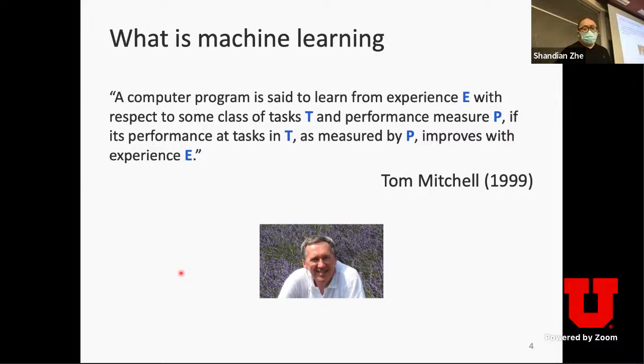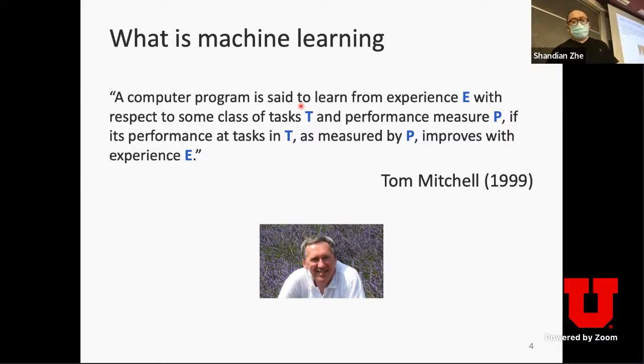So what is machine learning? Here, I appreciate one formal definition of machine learning given by Professor Tom Mitchell from CMU. He said that a computer program is said to learn from some experience E, which is usually referred to as training data, for some class of tasks T. Such tasks can be image classification, voice recognition, autonomous driving, a lot of tasks.